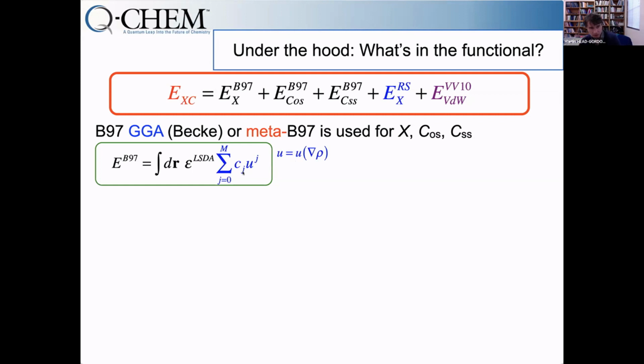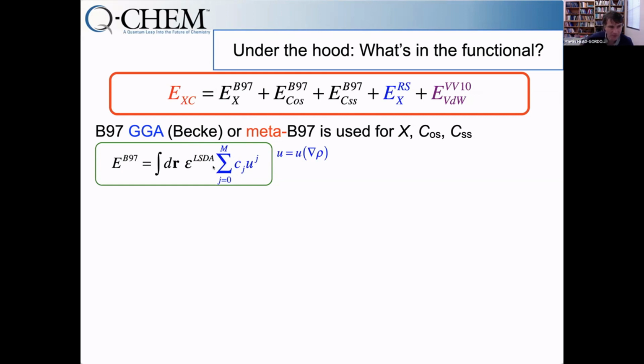And so the c sub j's will be the parameters. We would notice that c0 should just be set equal to 1 to get the uniform electron gas limit correct. But since the functional form itself is not exact, one can always ask, would we be better off allowing c sub 0 to be different than 1?